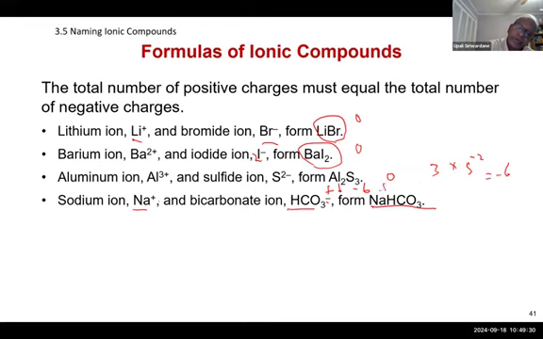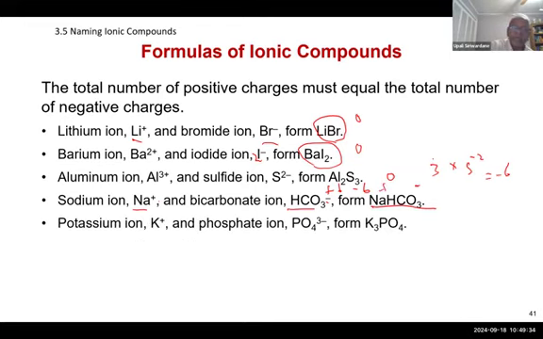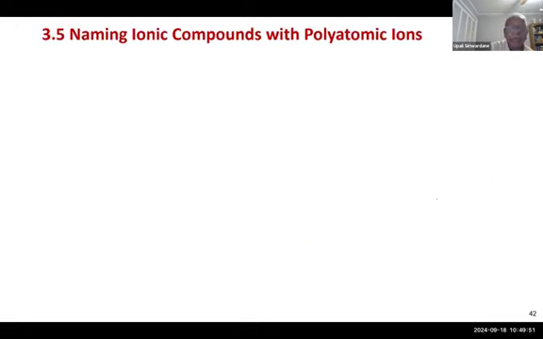That positive, negative are balanced. Potassium phosphate. Phosphate has 3 minus. Therefore, this has to have 3 potassium. A charge balance is 0. Do you realize that we are summarizing different aspects of how we look at ionic compounds?